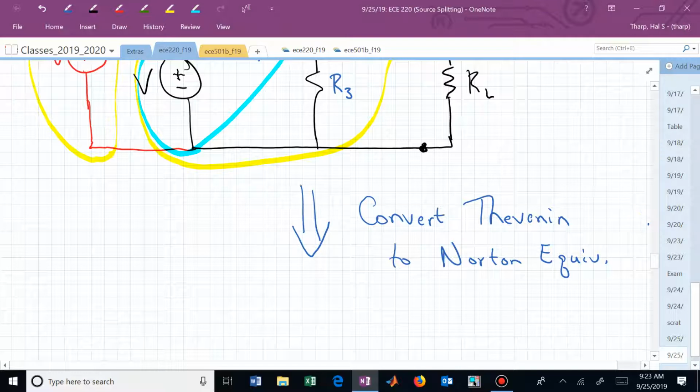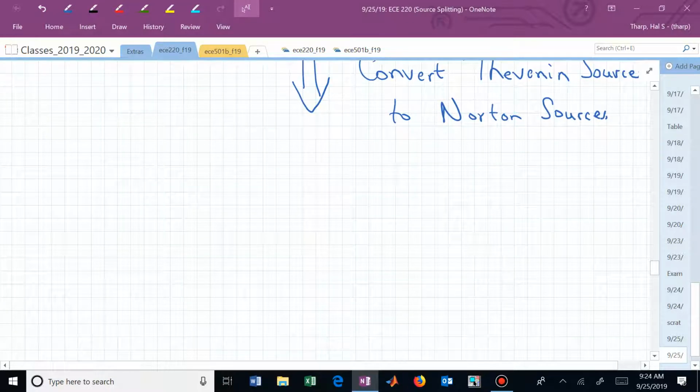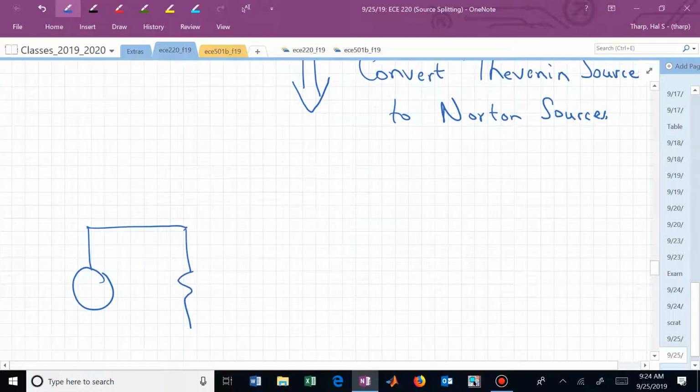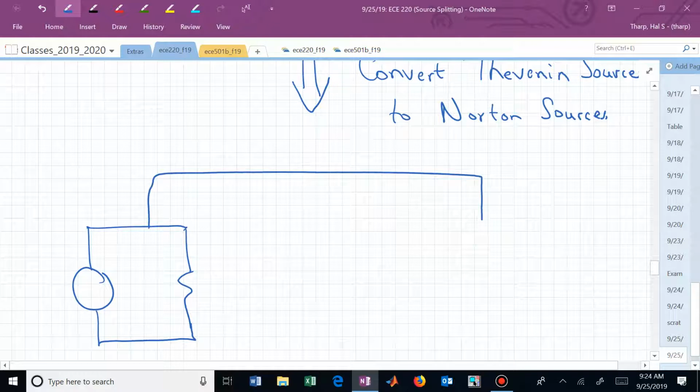So let me say convert Thevenin sources to Norton sources. Meaning over here, what do I have? And that was connected over here.